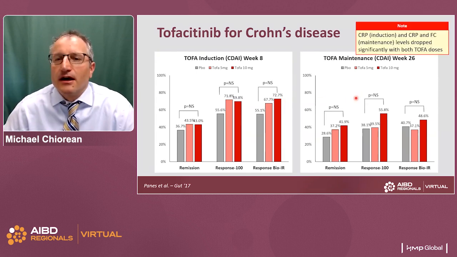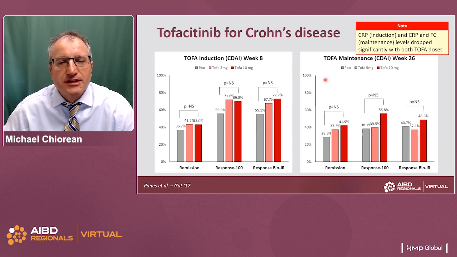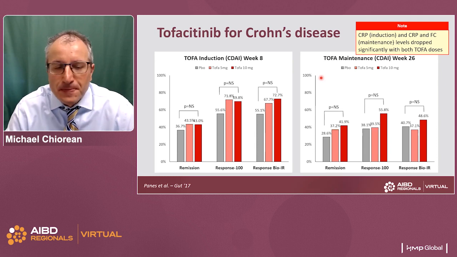Despite this, if you look here, the CRP in the induction trial, and both CRP and CalPro dropped significantly with both doses. So this is one of those situations where that pesky p-value and the CDAI derailed a development program.